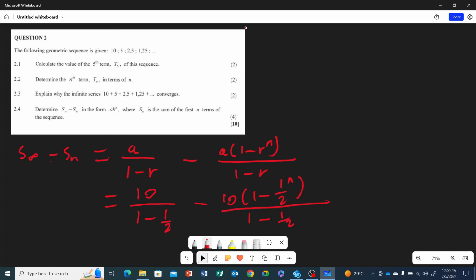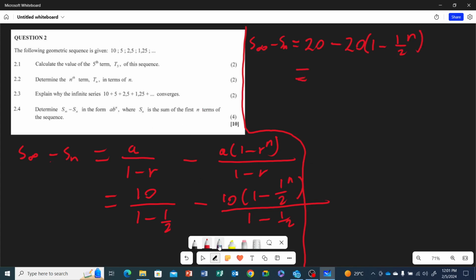Okay, so if you take 1 minus half, it will give you half. So 10 divided by half, let me rewrite the equation, minus the sum of the n terms is equal to 10 divided by half, you get 20. So even here, this 10 divided by the bottom half, you will get 20 into 1 minus (1 over 2) to the power n.